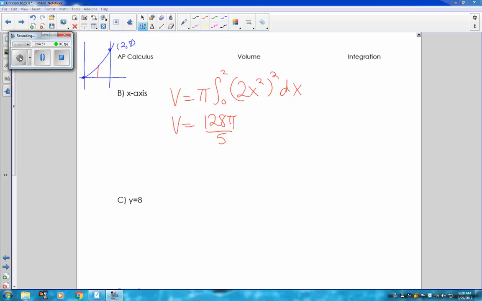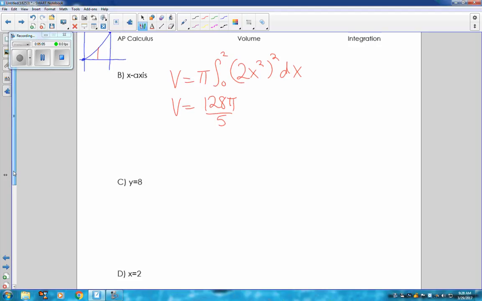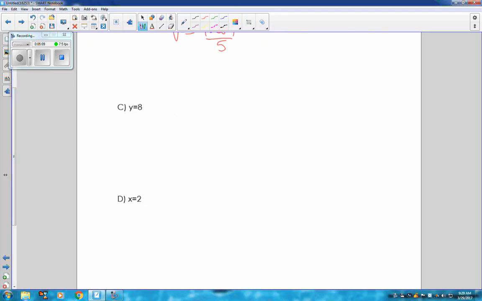I'm going to go ahead and re-sketch it so I can put in that y equals 8. That's your radius. But you don't want all that, do you? There's some of that you don't want. You don't want this.